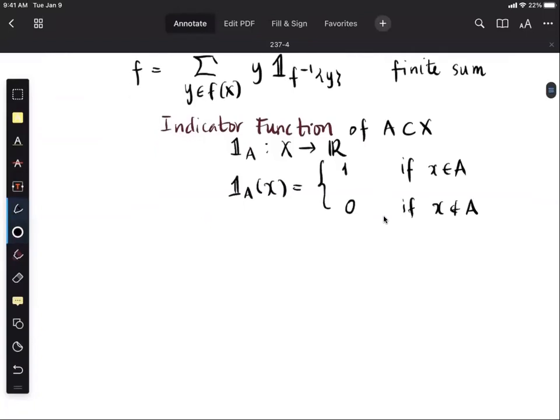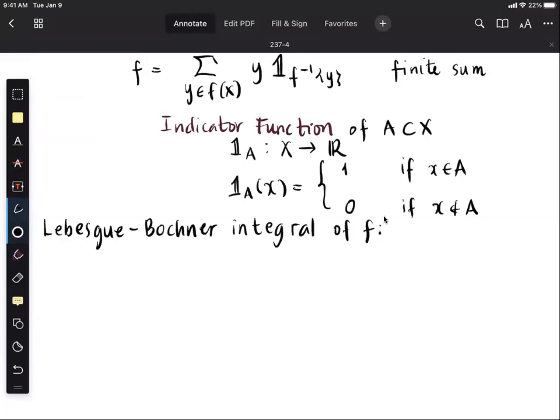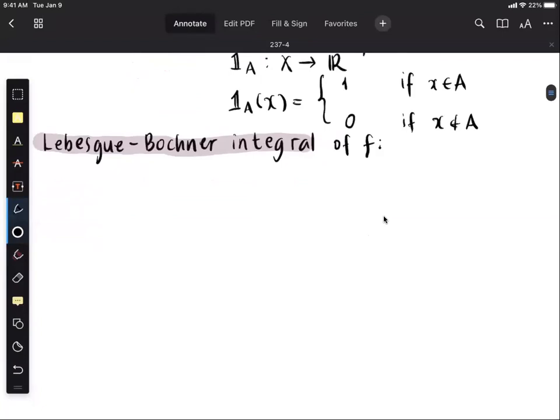Now, we define the Lebesgue-Bochner integral of this simple function f as follows. Having the above representation, the Lebesgue-Bochner integral will be denoted by the integral of f over X with respect to the measure μ.